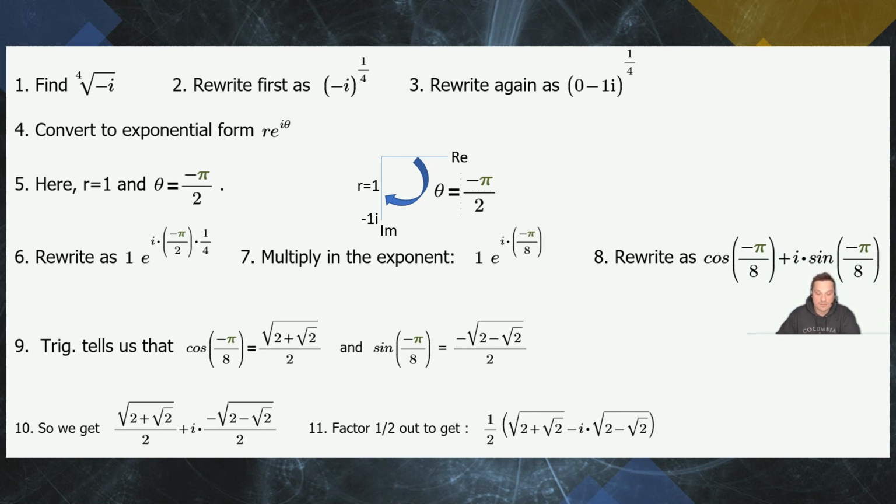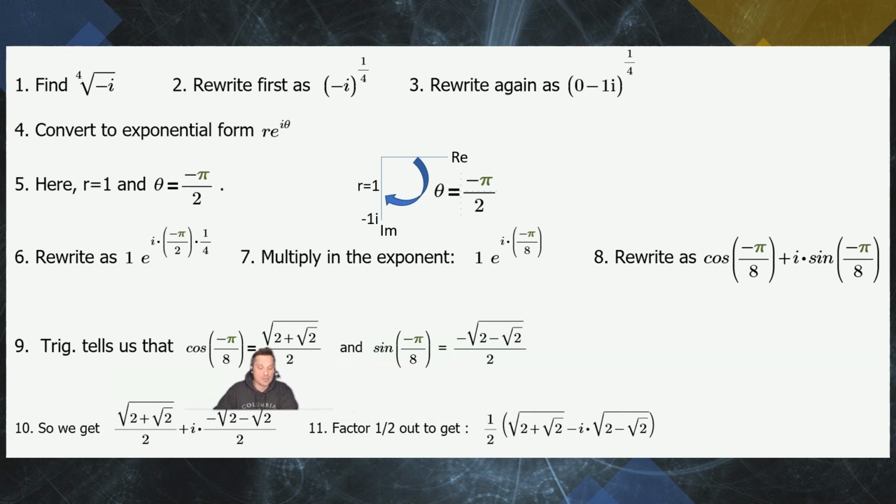The point is you get these values: cosine of negative pi over 8 is the square root of 2 plus the square root of 2, over 2. Sine of negative pi over 8 is negative the square root of 2 minus the square root of 2, over 2. Then you can replace over here at step 8 the cosine and the sine part with these values at step 9. Just stick them in for the sine and the cosine parts.